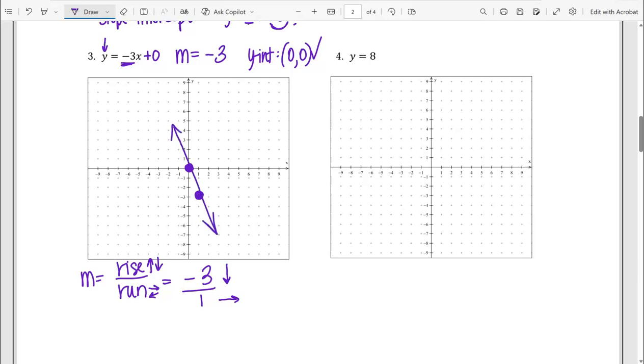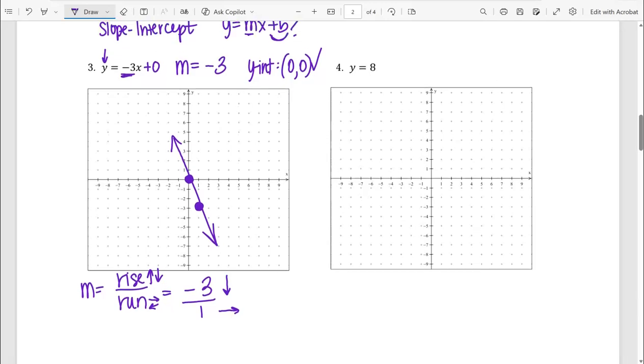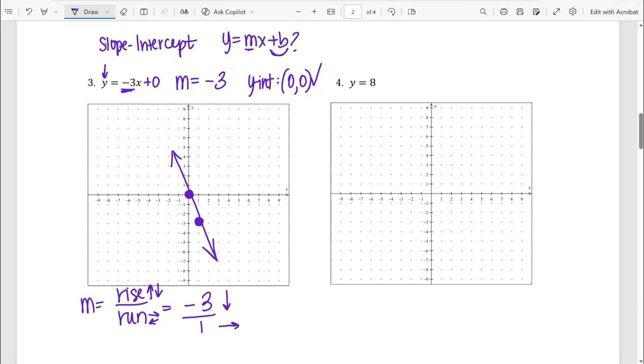And 2 points is all it takes to graph the line. So notice that in this case, my b value disappeared. But b can always come in as a nothing number where I add in 0.